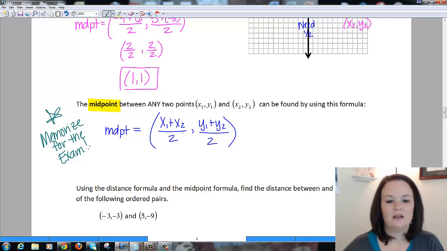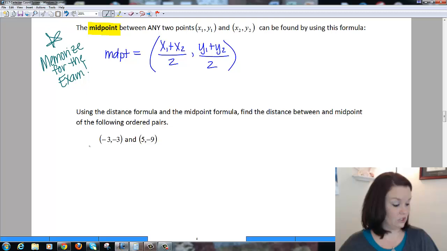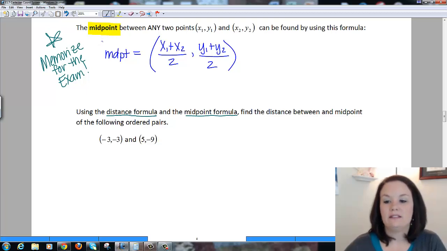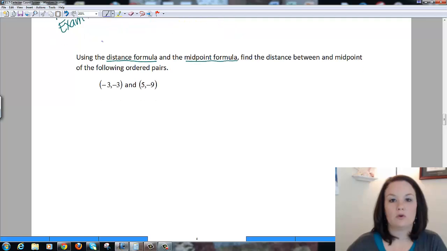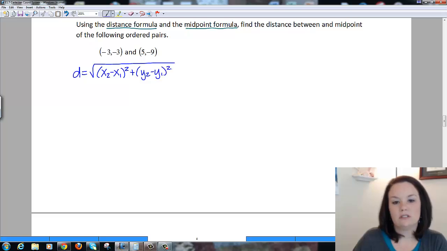Okay, so now that we have a formula, let's look at another example of just using that formula. So this says using the distance formula and the midpoint formula. So we're doing both, distance formula and midpoint formula. We want to go ahead and find the distance and the midpoint for the following ordered pairs. So I'm going to go ahead and write them. We know our distance is equal to the square root of (x2 minus x1) squared plus (y2 minus y1) squared.